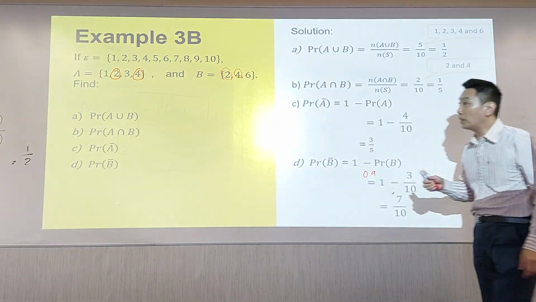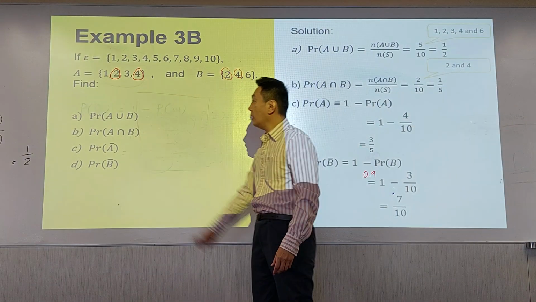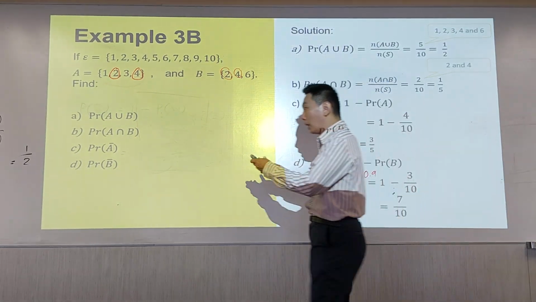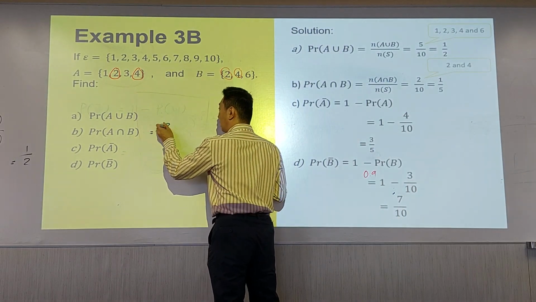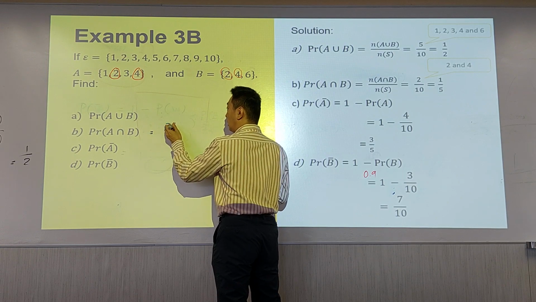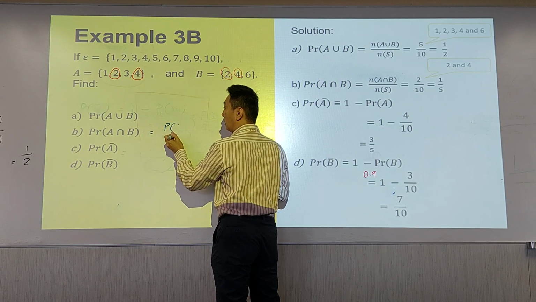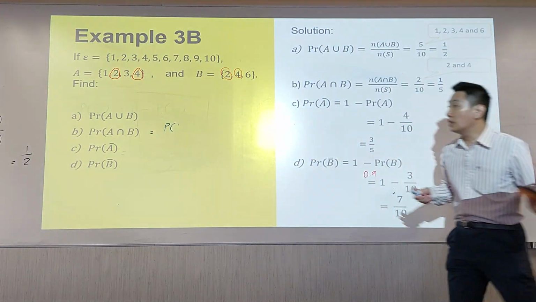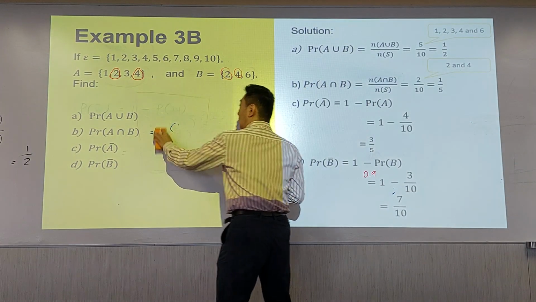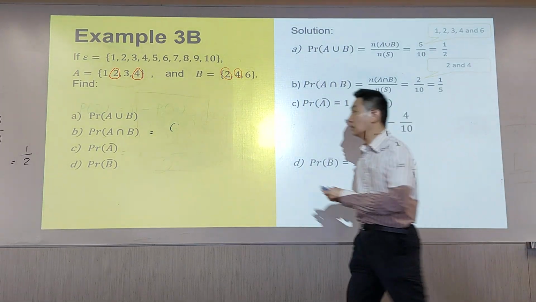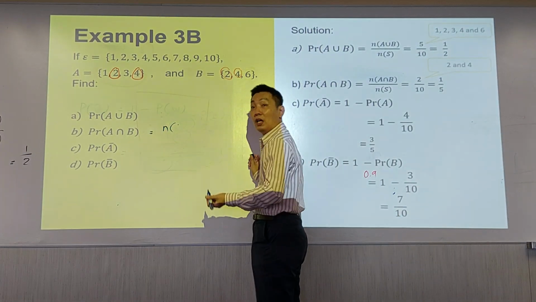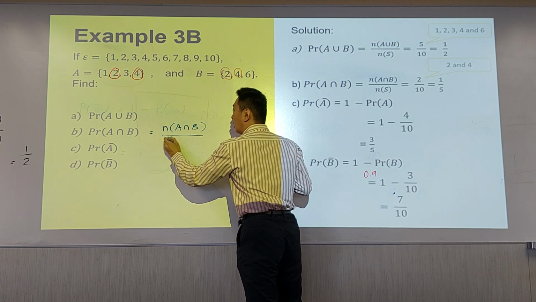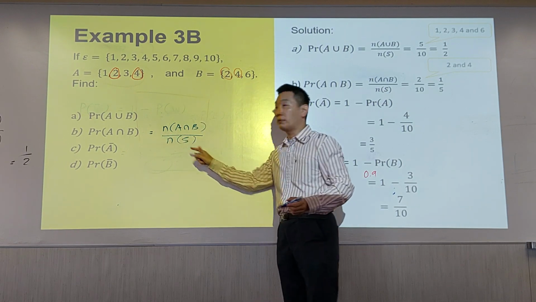Okay, then how about this? Probability A intersect B. If you want, you can use this formula, the relative frequency formula that we learned this morning. The first formula: the number of elements from A intersect B divided by the number of elements from the sample.